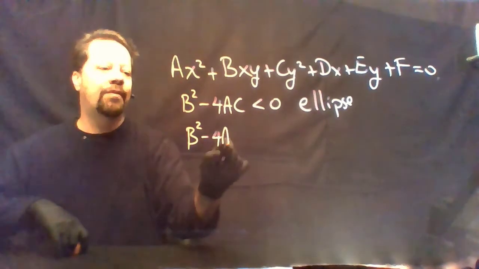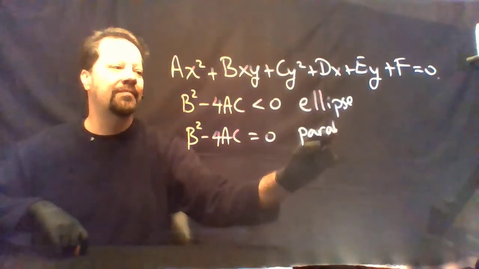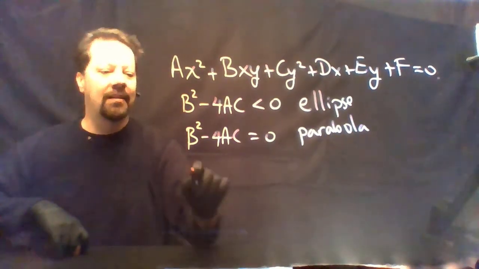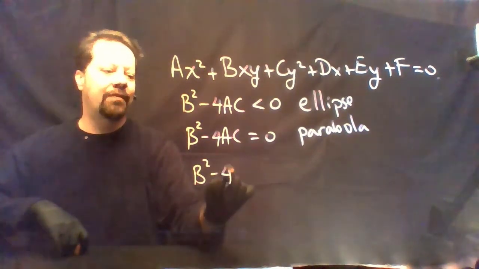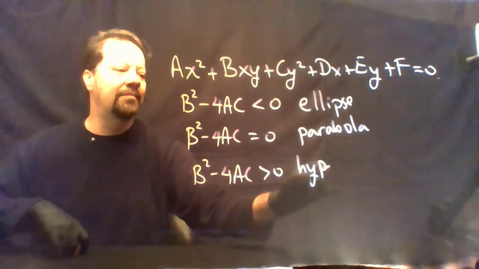If b squared minus 4ac is equal to 0, you get a parabola. And if b squared minus 4ac is greater than 0, you have a hyperbola.